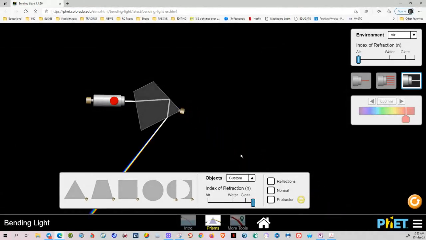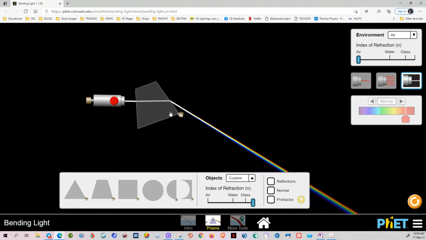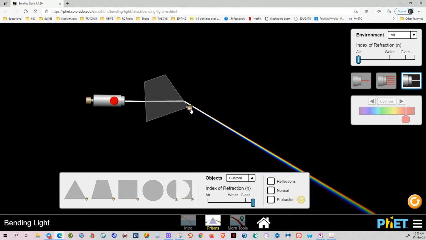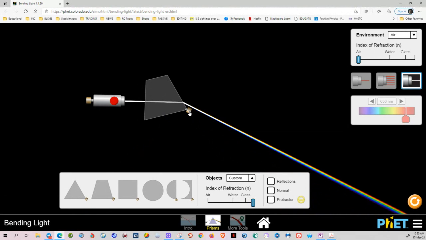Actually, that's what happens when light from the sun hits the water in the air, because the water has a higher index of refraction compared to air. When the light from the sun hits the water crystals in the air, it will make a rainbow in the sky. That's how it works.